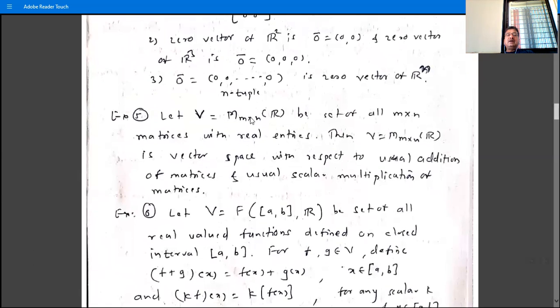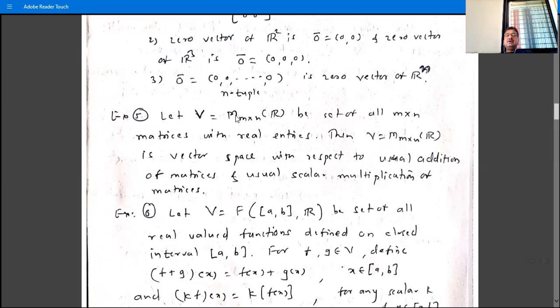If we take, instead of M2 by 2 R, M cross N R, it means the set of all M by N matrices with real entries. Instead of 2 by 2, take M by N matrices, the set of all M by N matrices with real entries.